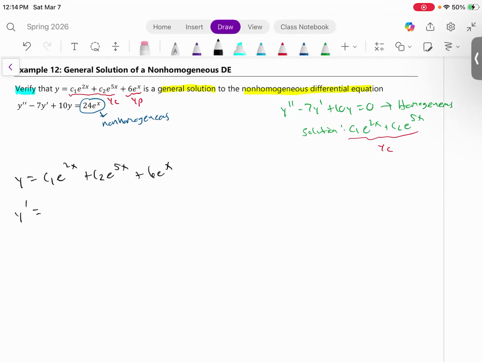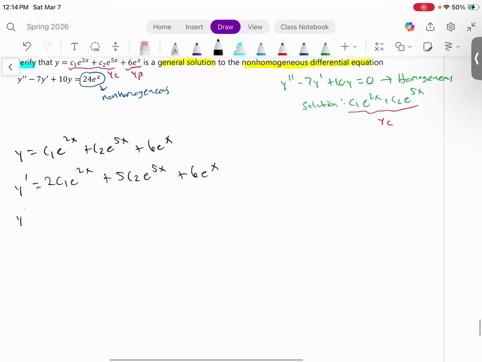So the first derivative would be 2 c1 e to the 2x plus 5 c2 e to the 5x plus just 6 e to the x. And then we want to take a second derivative.